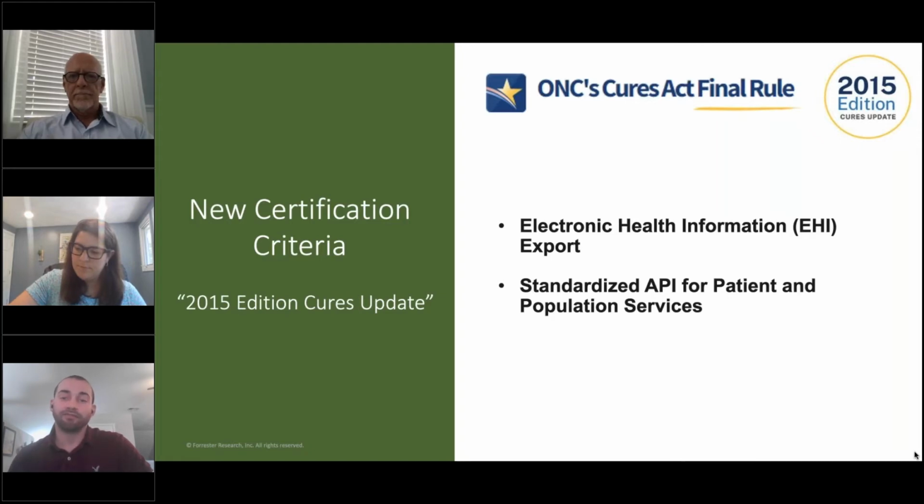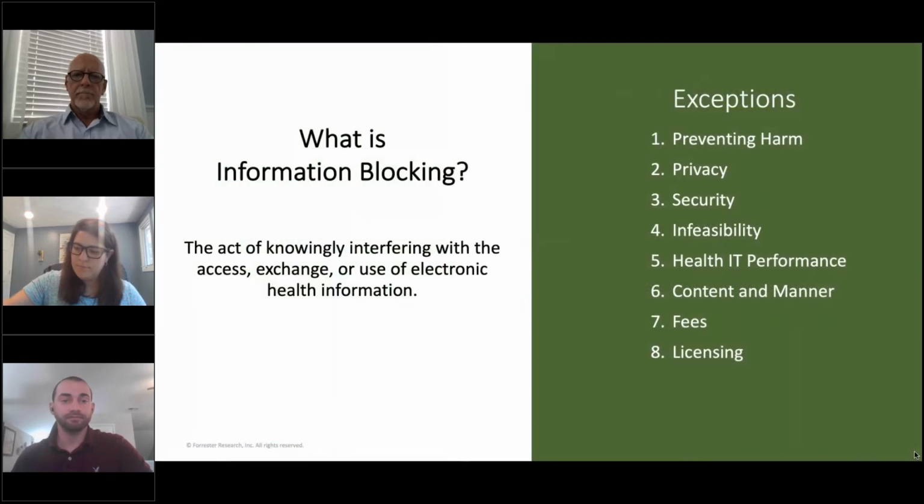The second rule that came from the decisions of the HHS and the ONC addresses information blocking. Information blocking applies to health IT developers, information exchanges, health information networks, and healthcare providers. It is the act of knowingly interfering with the access, exchange, or use of electronic health information.